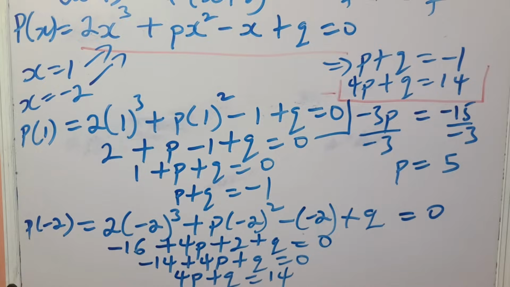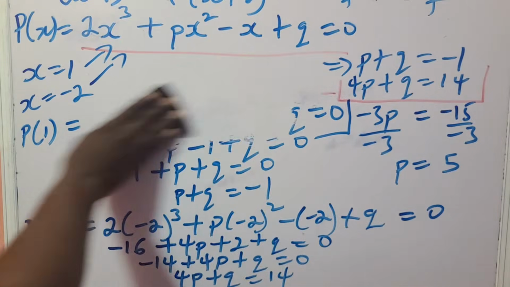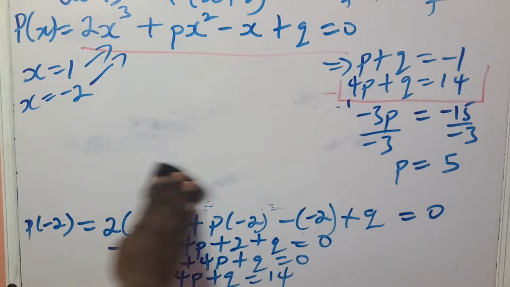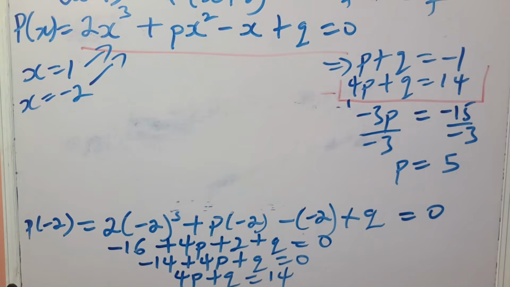Don't forget, we were told to find the value of p and q. So I've successfully gotten the value for p. All right. Now, how do I get the value of q? Very easy. The only thing I need to do next is to fix in. You can go through any other method, by the way. You can go on to try to still use simultaneous, but I don't need to do all those.